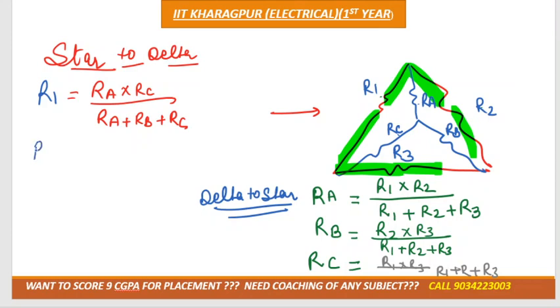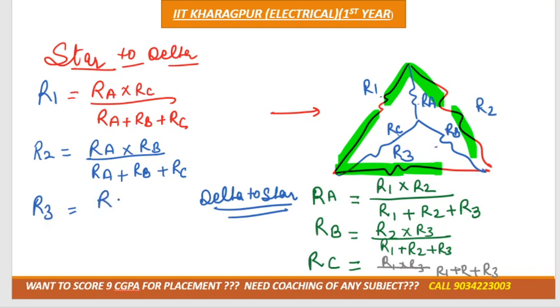Now R2 is connected with RA and RB. That would be RA RB divided by RA plus RB plus RC. R3 is connected to RB and RC.